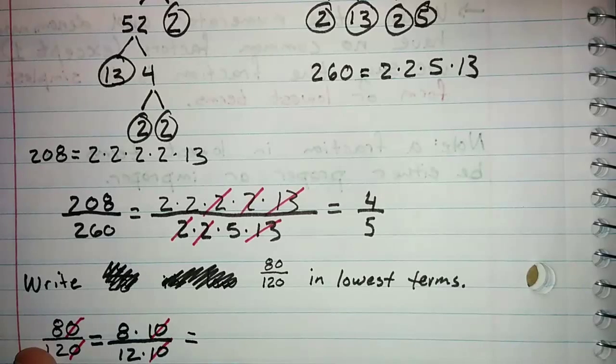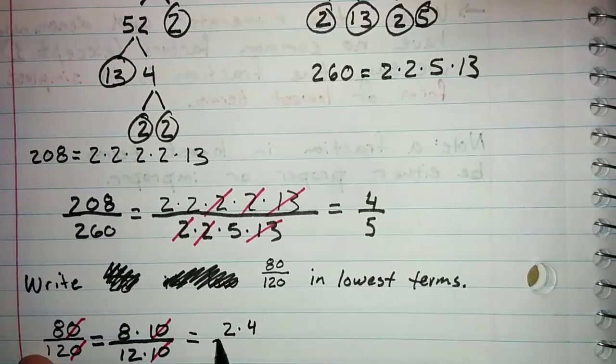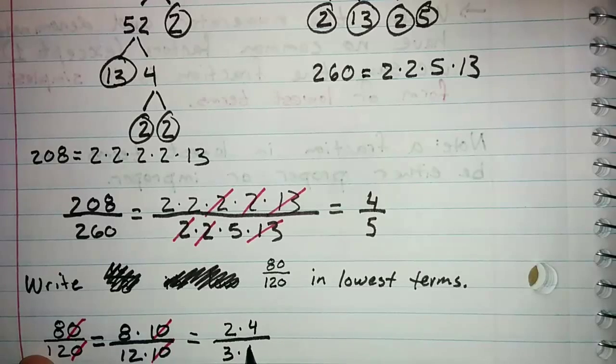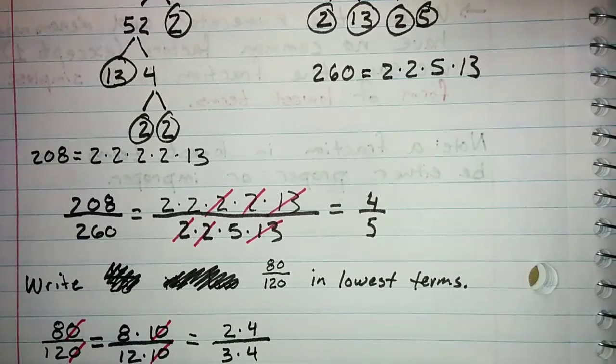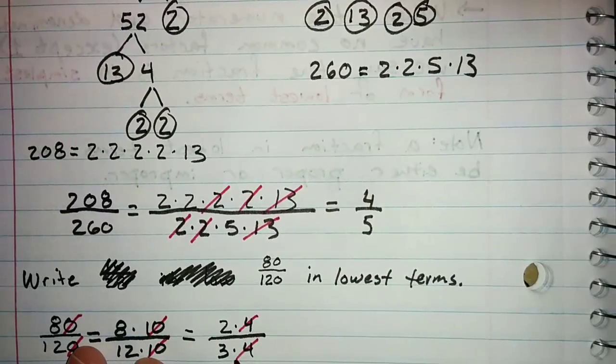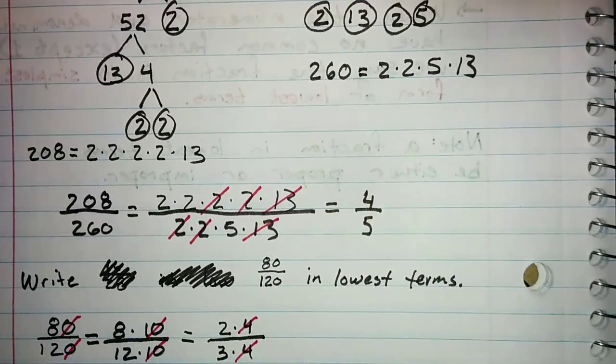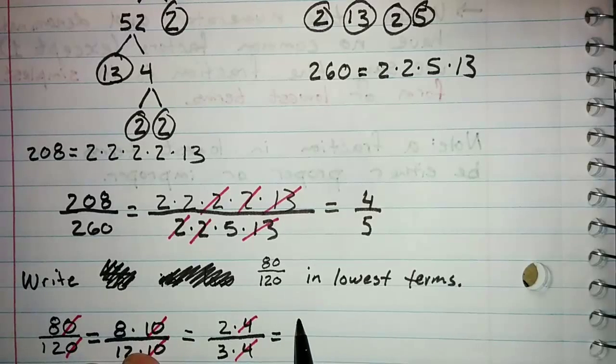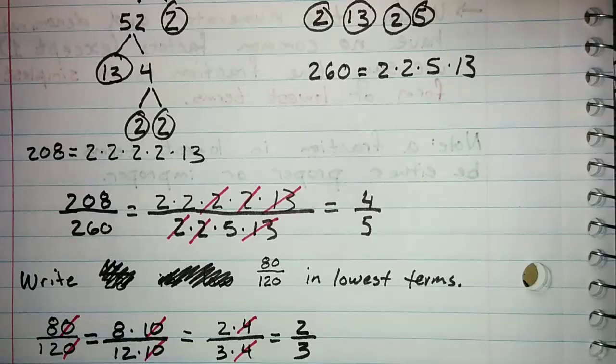Alright, what else? I think 8 and 12 are both multiples of 4. 8 is 2 times 4. 12 is 3 times 4. Again, you may have only seen a 2 at first, which is fine. I'll cancel the common 4, and I'm left with 2/3. The prime factorization, of course, would have given me the same answer.